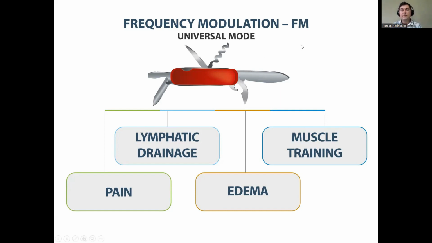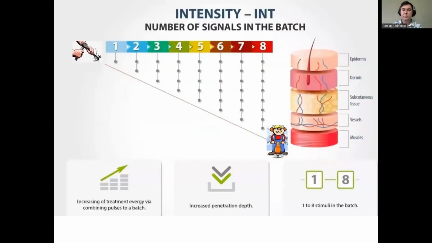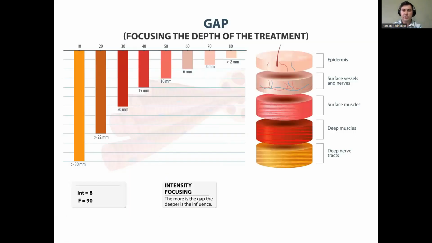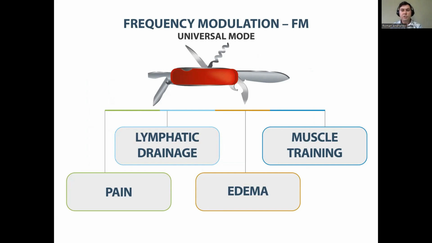Because this mode starts to change the frequency. Remember the one that we spoke just earlier, right here. It starts to change the frequency according to a certain pattern, going from lower values to higher values and then back.